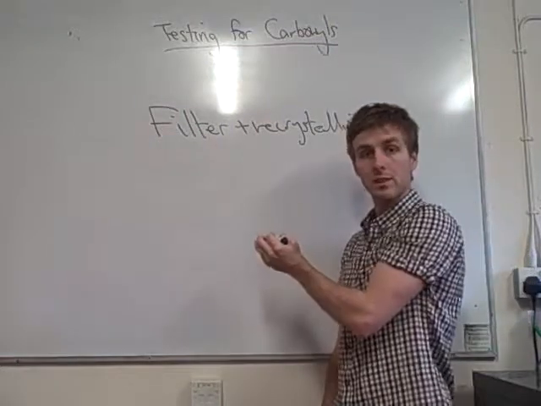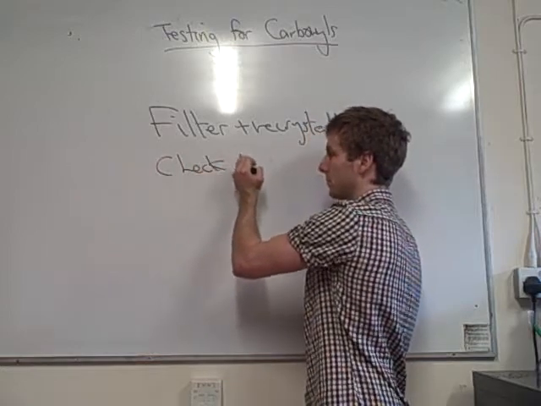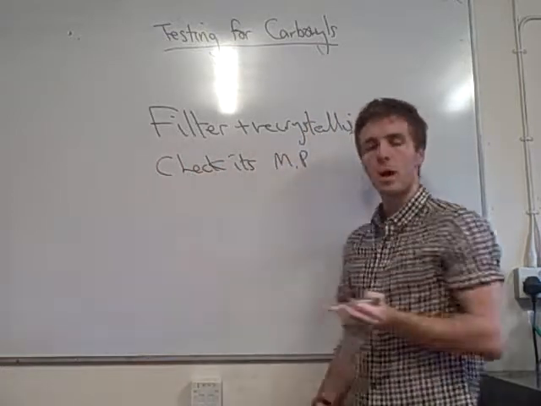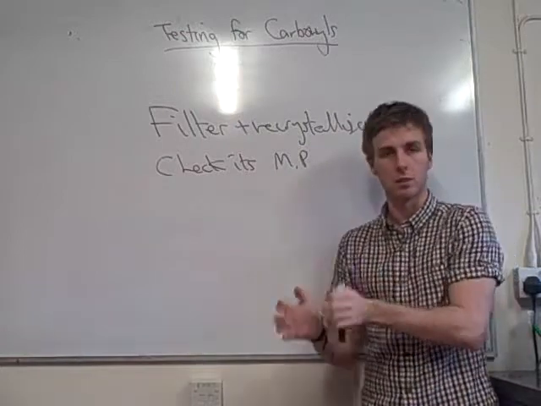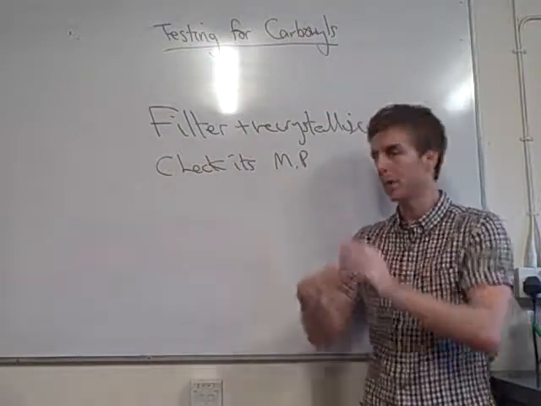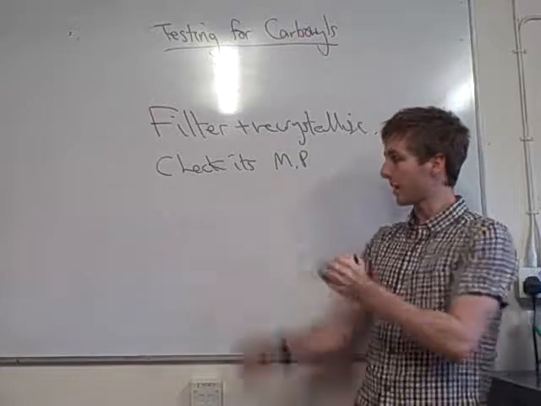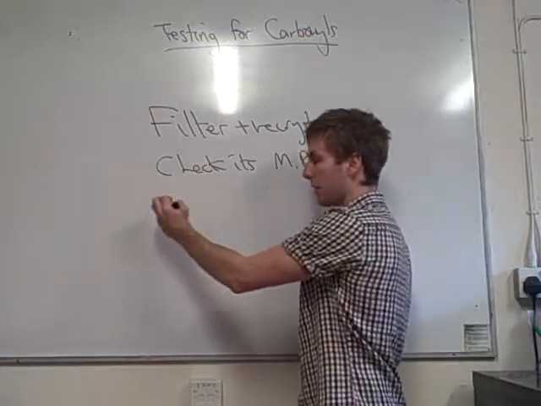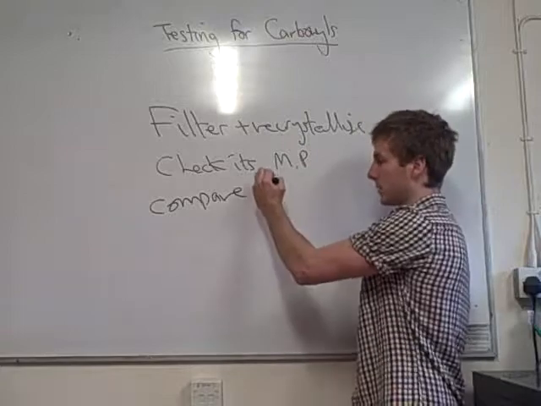After we filter and recrystallize it, to get it pure, we check its melting point. And this is why it needs to be pure, because we want to find the melting point of our hydrazone derivative, not our hydrazone derivative mixed in with a load of impurities. So we just use the pure derivative. Once you've checked its melting point, you compare this to a big database.